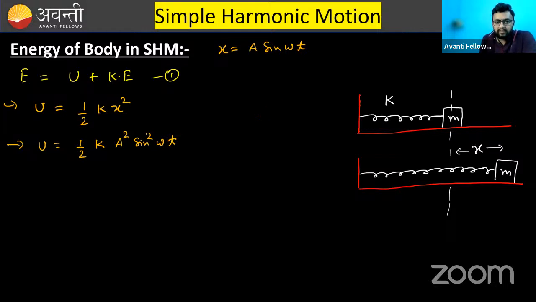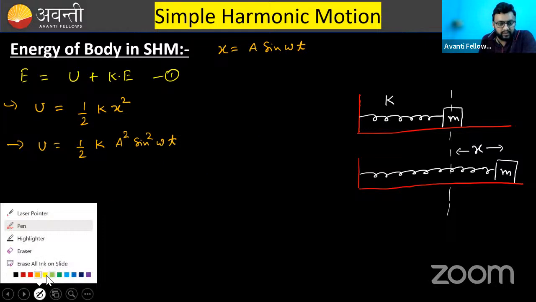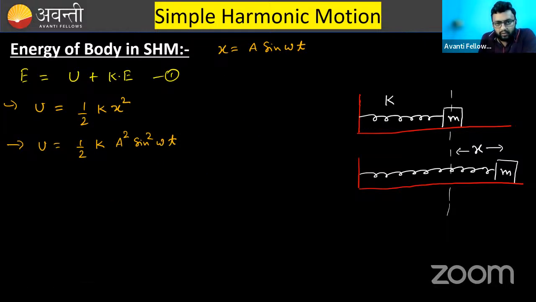One more thing, you know that omega square equals k by m. We have studied that in this relation. Omega square equals k by m. So k equals m omega square. Replace this value.